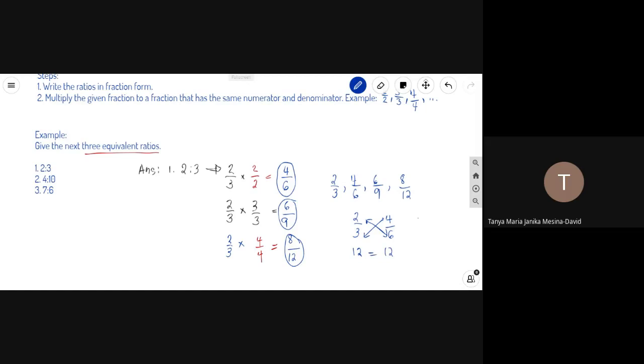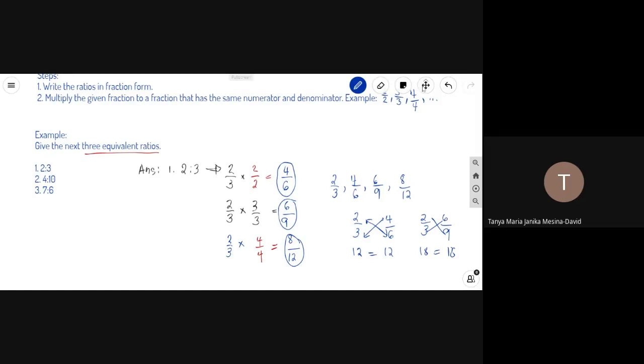Same thing if I apply it to 2 over 3 and 6 over 9. So 2 times 9 is 18, and 3 times 6 is 18. So they are equivalent fractions.